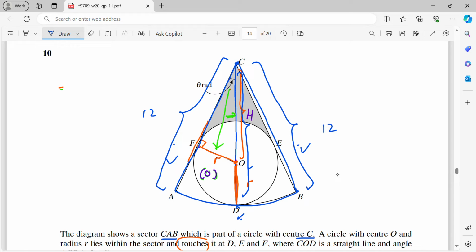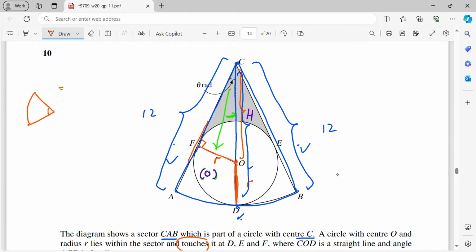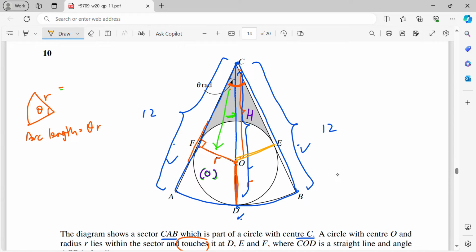So for the arc length of sector ADB, you refer to this formula. If the angle is theta and the radius is R, the arc length is theta R. So now I need to find out what this angle is. From here I know that this is a radius, and this is also a radius. So which means sector CAD is the same as sector CDB. These two sectors are the same.